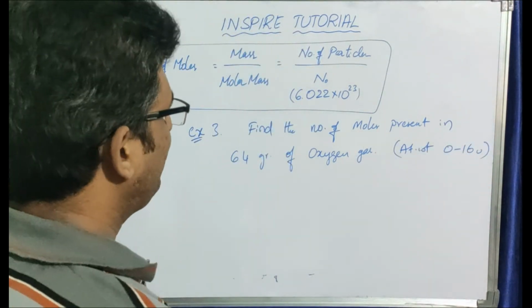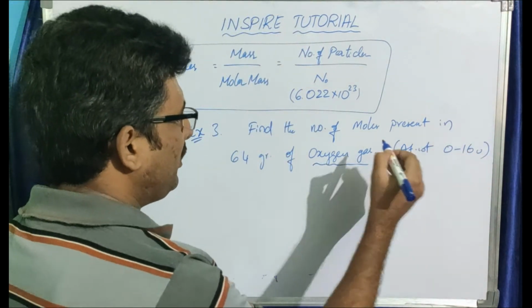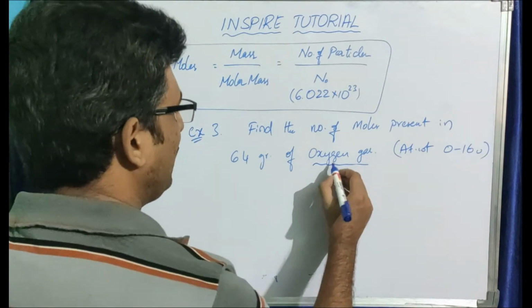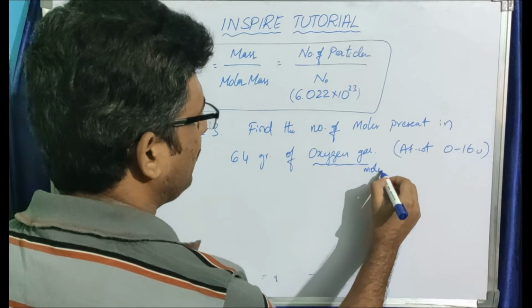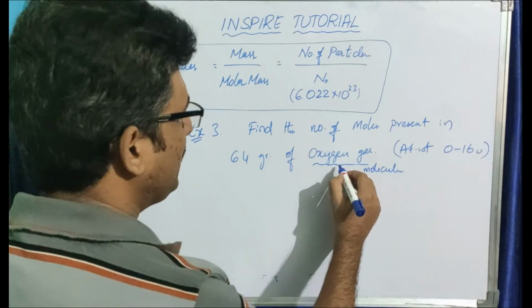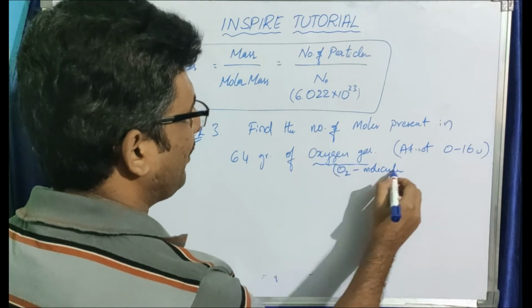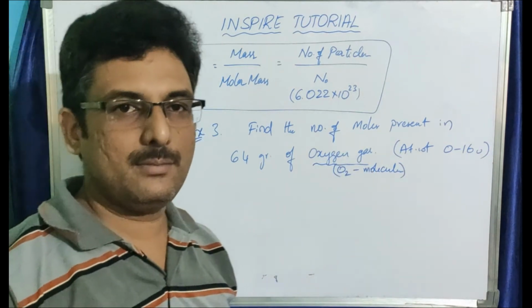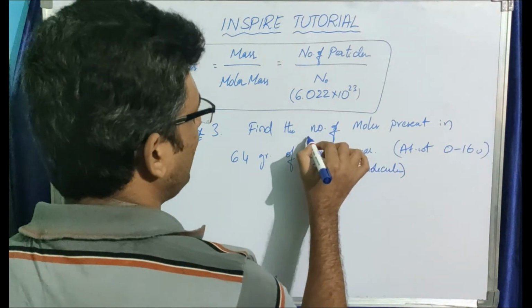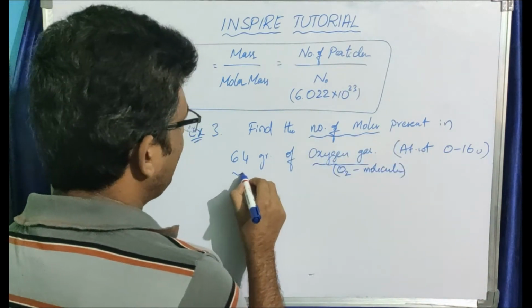Okay, so you are talking about oxygen gas. That means oxygen gas will have molecules. So you are talking about the molecules present in oxygen gas. Oxygen is always a diatomic molecule. So oxygen gas contains molecules. So here the relation is between number of moles and 64 grams.